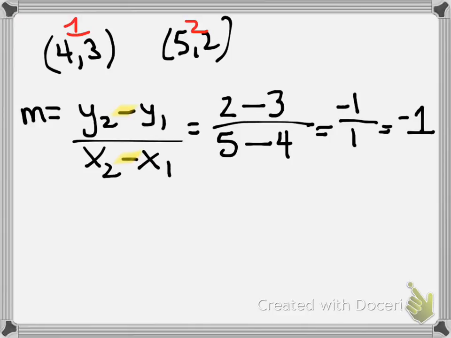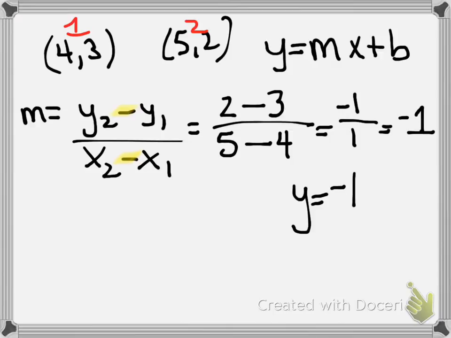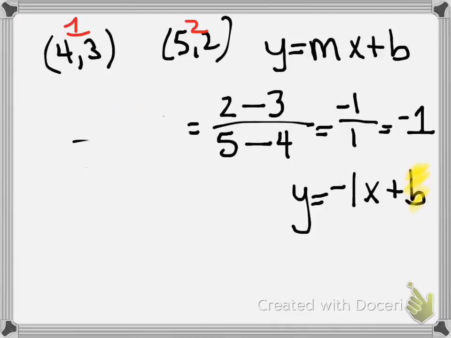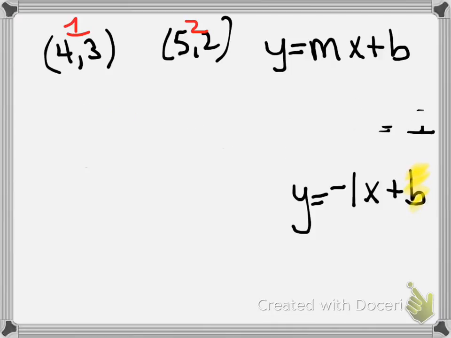Well, I know that my equation, mx plus b, would look something like this. What I'm missing is my b. Well, if I have an equation that just has one unknown value, I can always solve for that unknown value, right? We've been doing that. You started that in algebra.